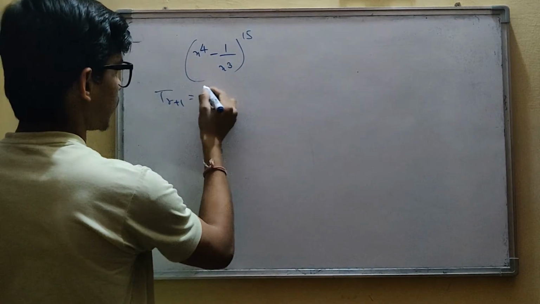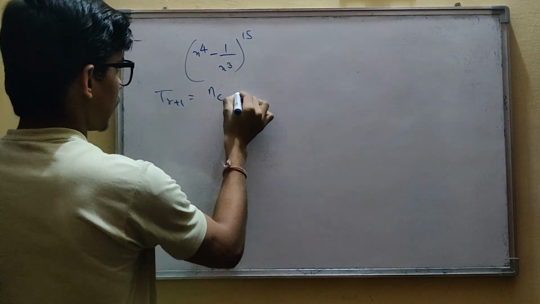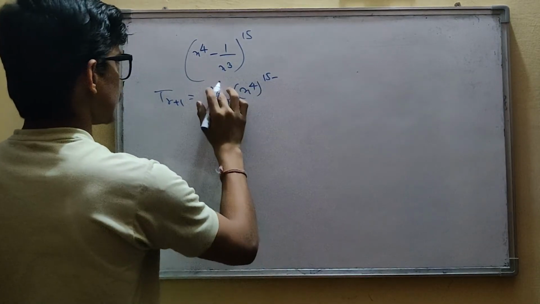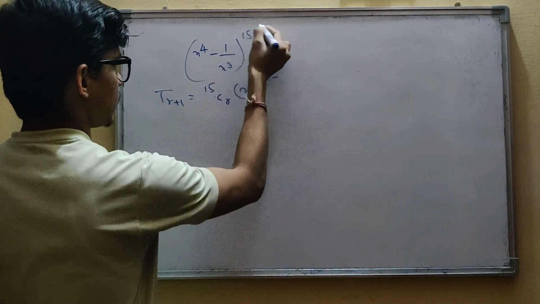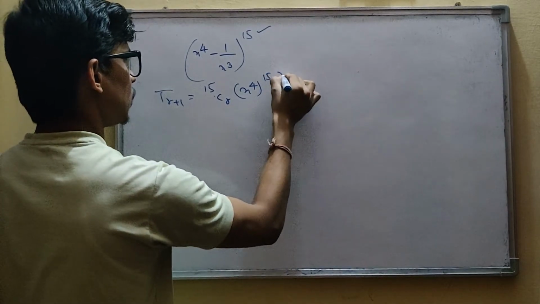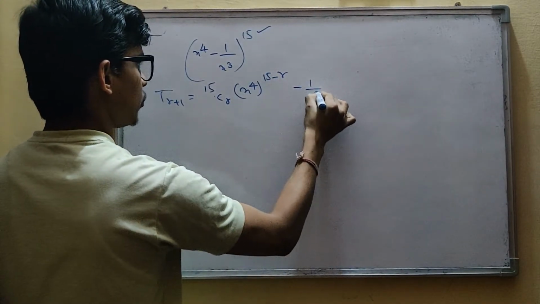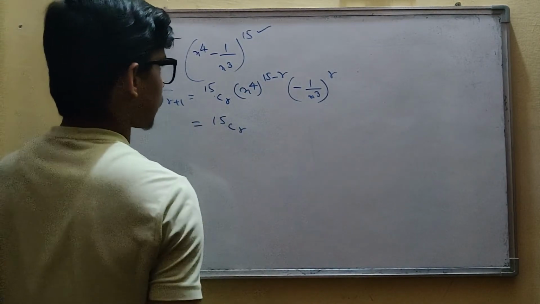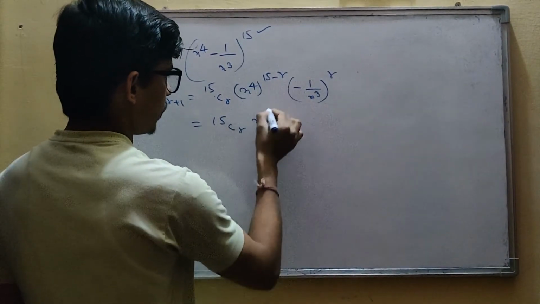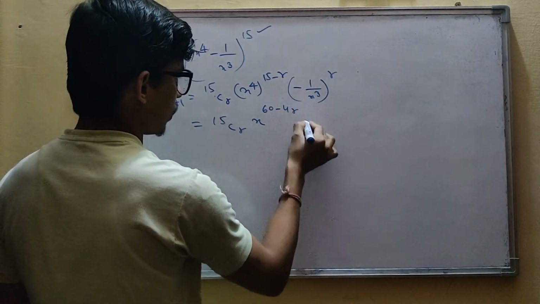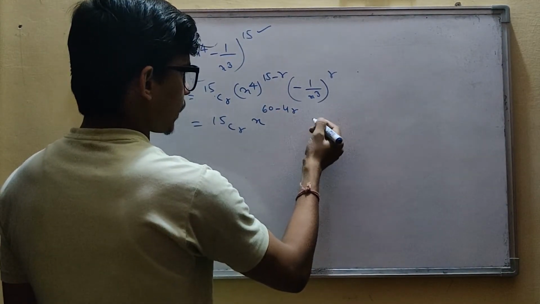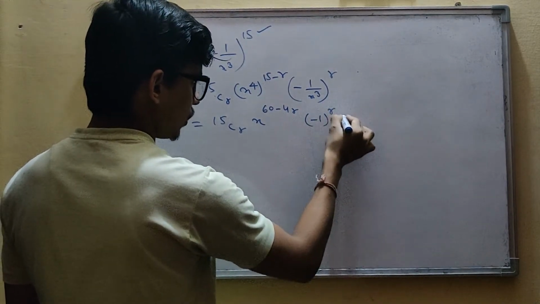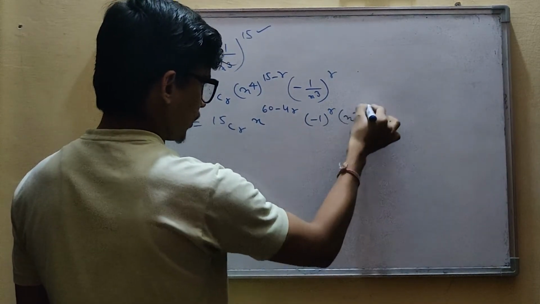So T(r plus 1) will become nCr, and x to the power 4 to the power n minus r, which is 15 minus r, because this is n, so 15, and (minus 1 upon x cube) to the power r. So this is going to be 15Cr, x to the power, if you multiply them, this is going to be 60 minus 4r, and I can write it like this, minus 1 to the power r and x to the power minus 3 to the power r.